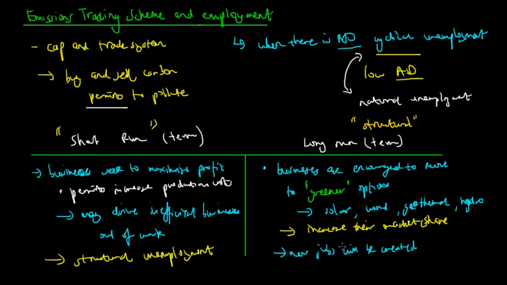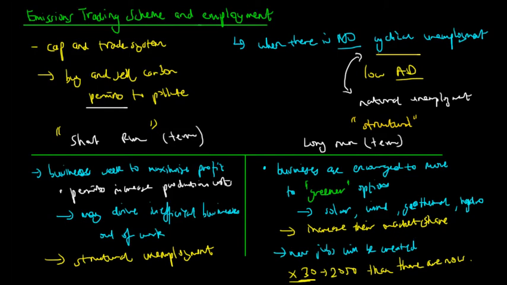The projection is that if this cap and trade system goes ahead, there will be 30 times more jobs in 2050 than there are now. So jobs will increase 30-fold by 2050. That's around 35, 36 years from now. And so this would actually create more jobs.